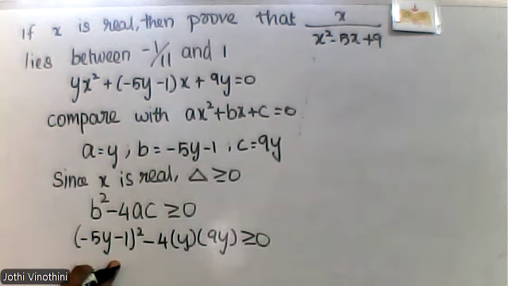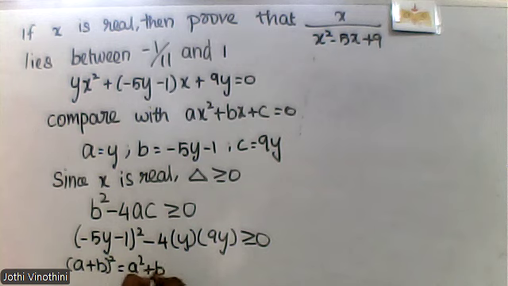Now I am going to expand (minus 5y minus 1) the whole squared. I am going to use (a plus b) the whole squared, which is a squared plus b squared plus 2ab.